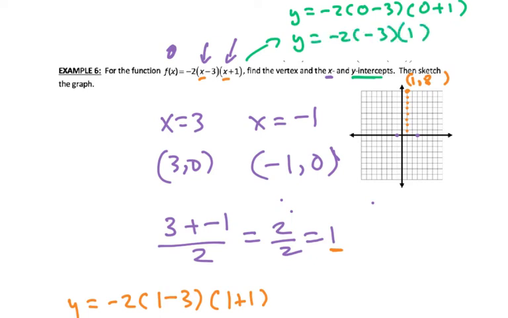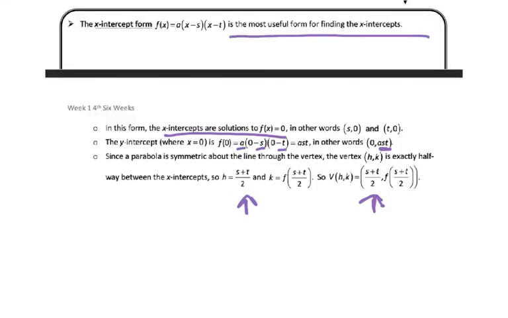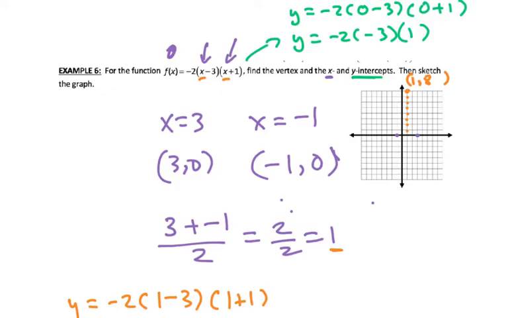Some of you might be saying, well, Mr. Anderson, why did you do that? We said over here it's a times s times t, so you just have to multiply the number in front times these values. You could have just said -2 times 3 times 1, and you could do that if you wanted to.